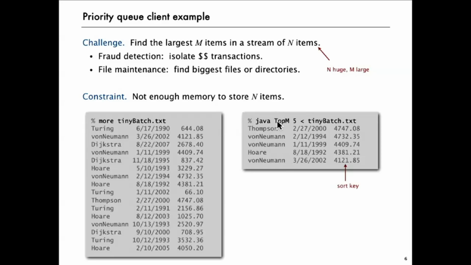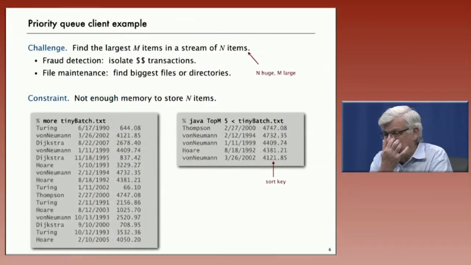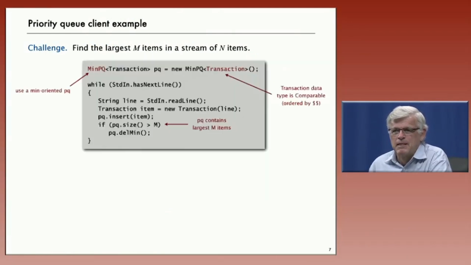So we're going to look at a client program called top M that takes a command line argument, how many, in this case it's going to say 5, and then it's going to take from standard input the transactions, and it'll print out the top 5. That's a canonical example of a priority queue client. We need to design a program that can do that.